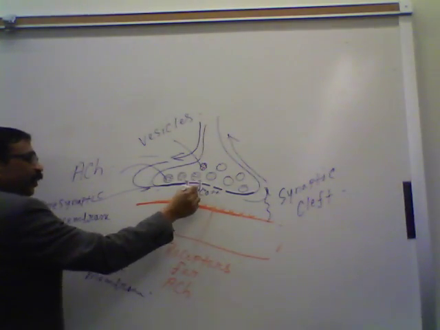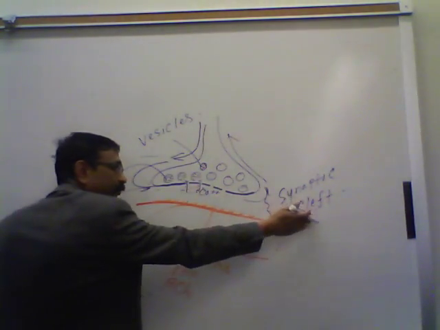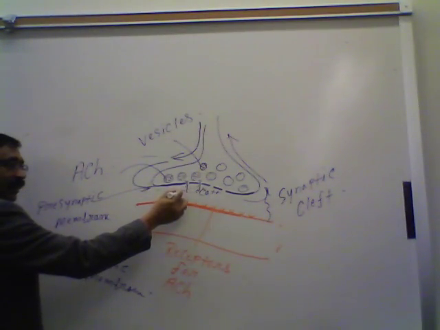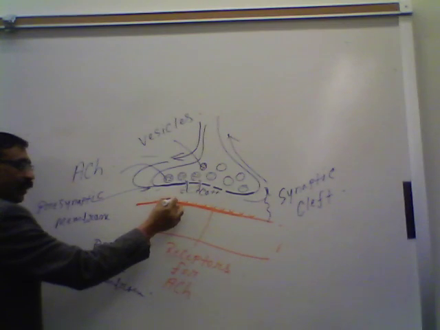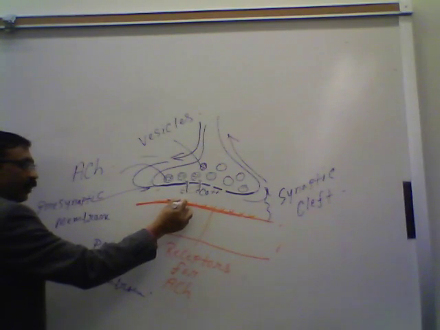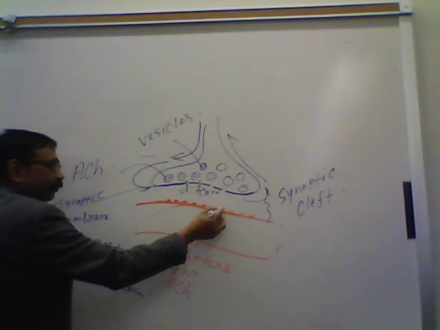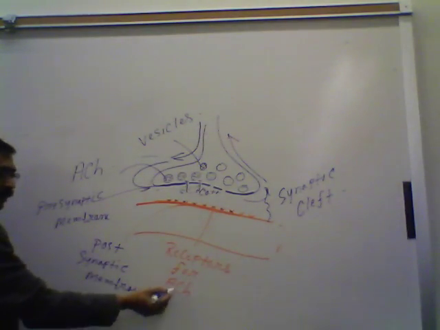So these ACH molecules are now in the cleft, and the receptors are waiting to bind with them. What will happen? The ACH molecules will bind with the receptors here, because these are ACH receptors.